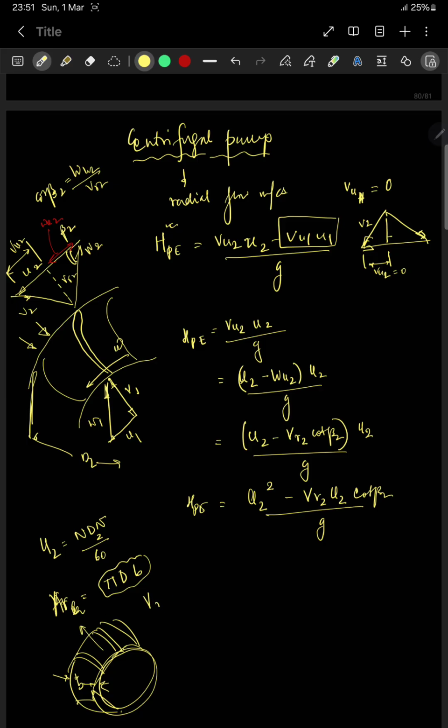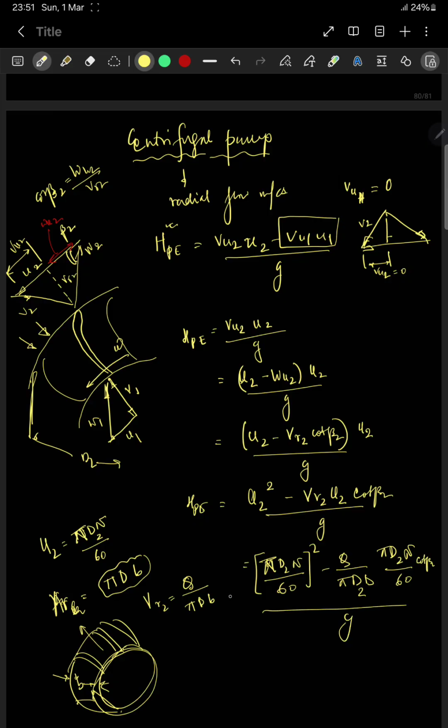So we have Vr2 equals Q divided by pi D2 b. So H equals (pi D2 N by 60) whole square minus Q by pi D b, and so on. It is H theoretical.